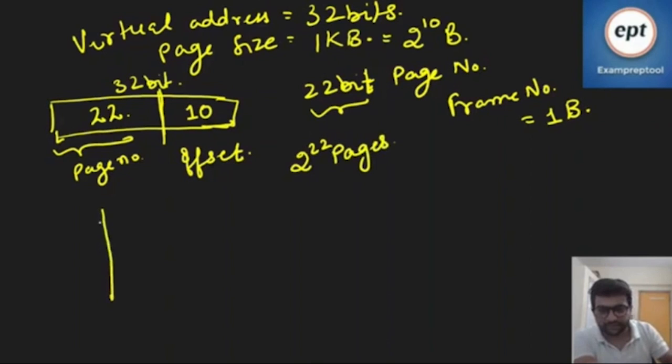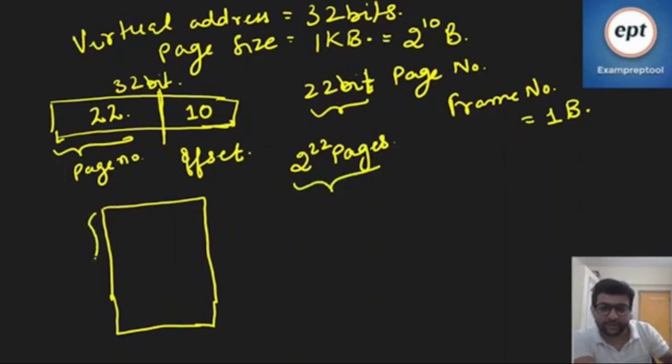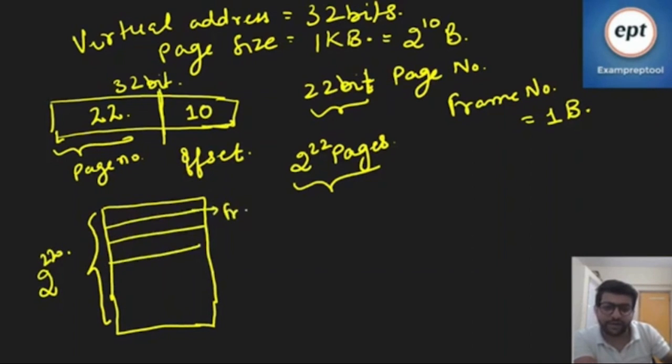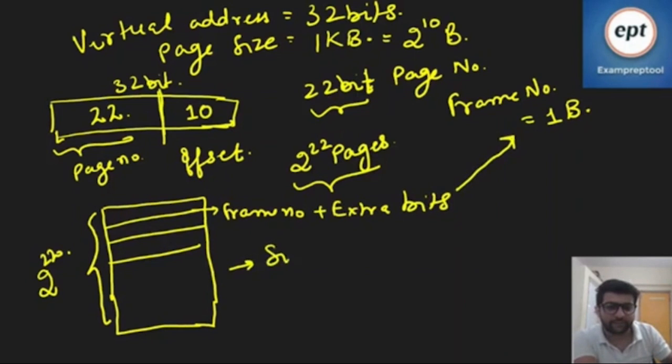And let's say this is our page table. Since we are using only a single level page table, we will have only one page table. And since there are 2 power 22 pages, the number of entries in this particular page table will be equal to 2 power 22, right? And in every entry we have the frame number plus some extra bits, and I'm assuming here that this is equal to 1 byte. So what will be the size of the page table?